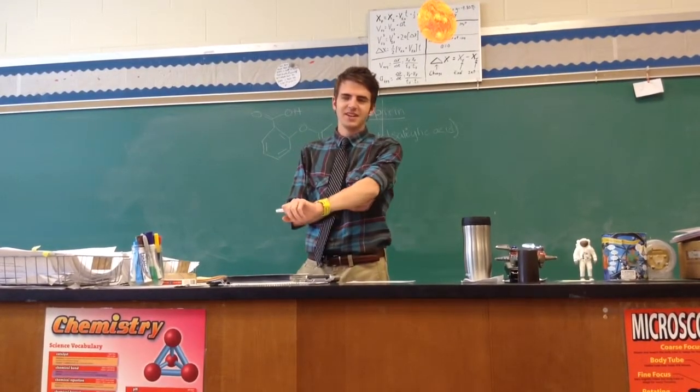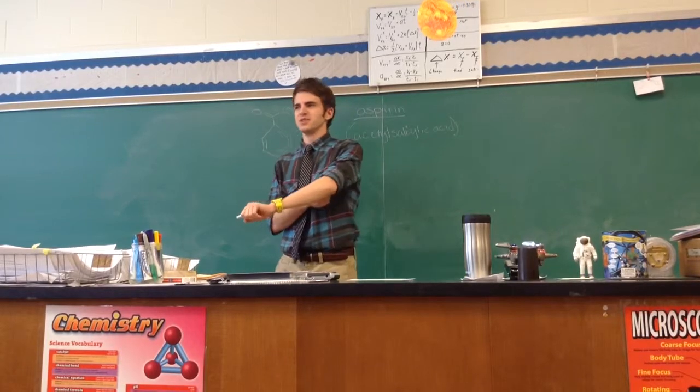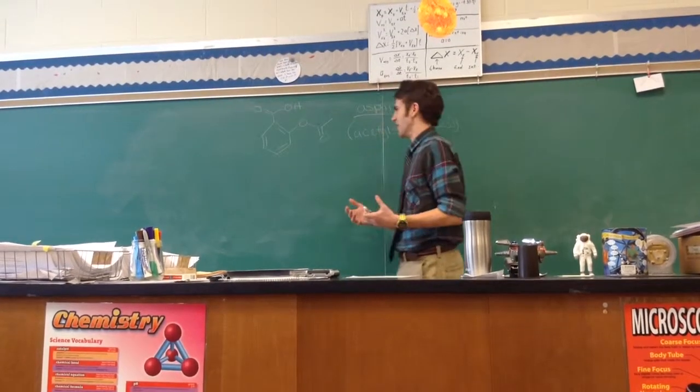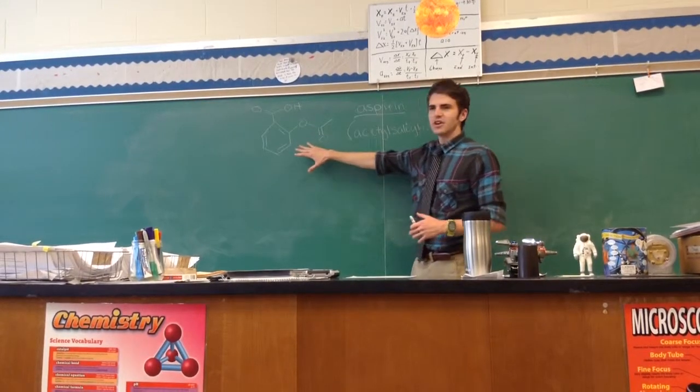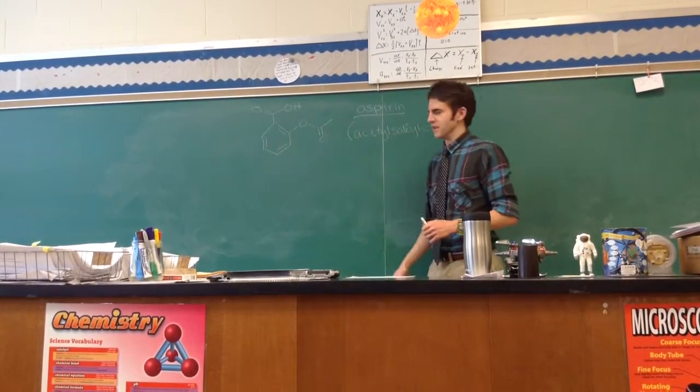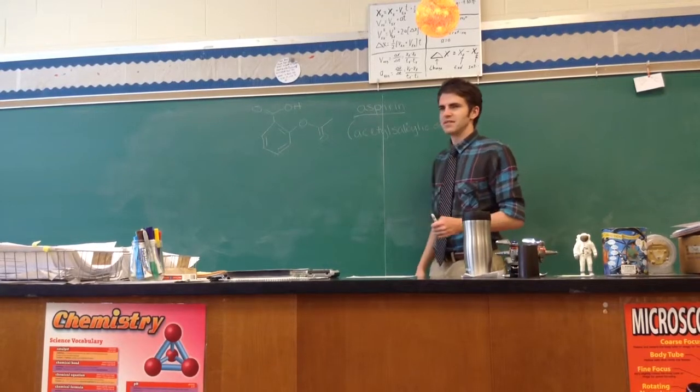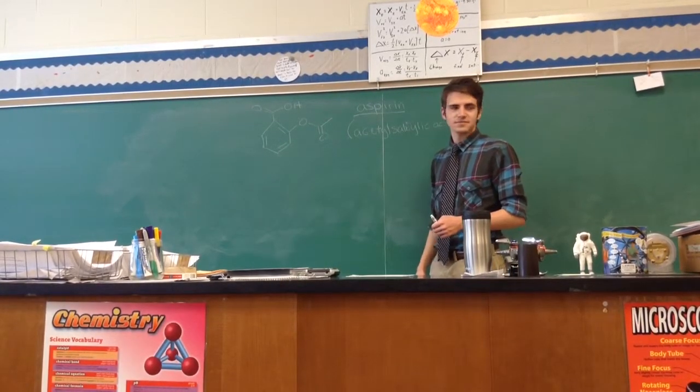Alright, so let's identify some functional groups here. This is like the real practice now. Consult your notes. Tell me what our functional groups are here. What do we have?